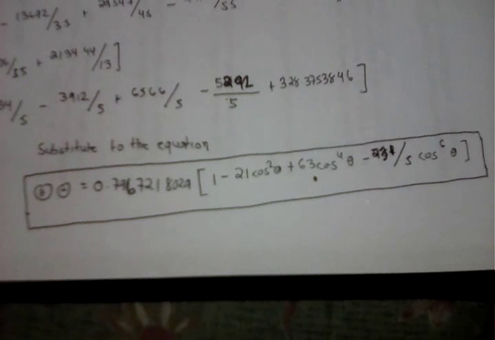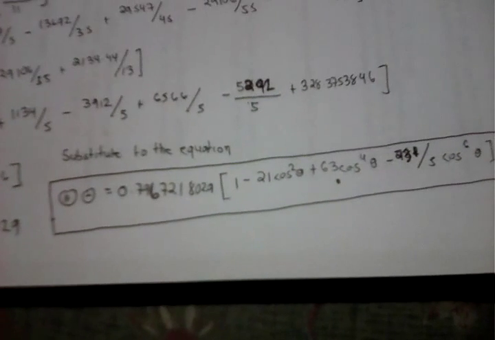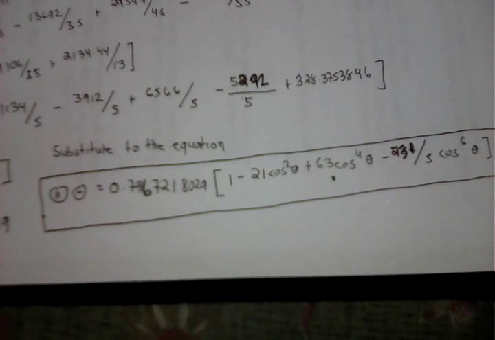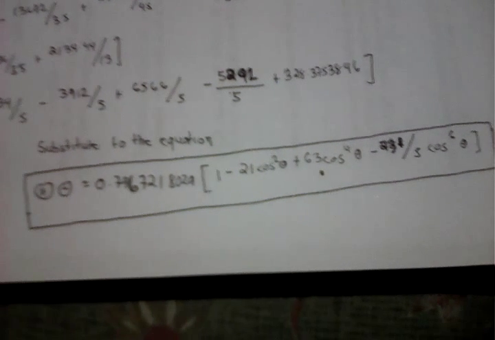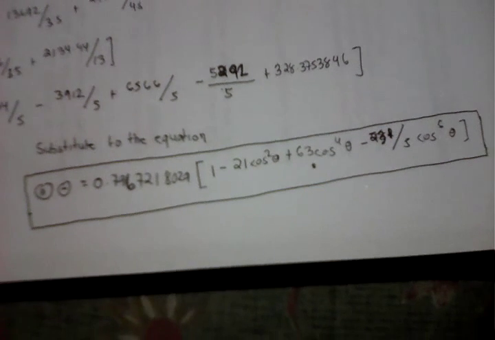So the harmonic function is equal to 0.7967218.029 times 1 minus 21 cosine squared theta plus 63 cosine to the 4th theta minus 31 over 5 cosine to the 6th theta. Then after that, get the LCOW.